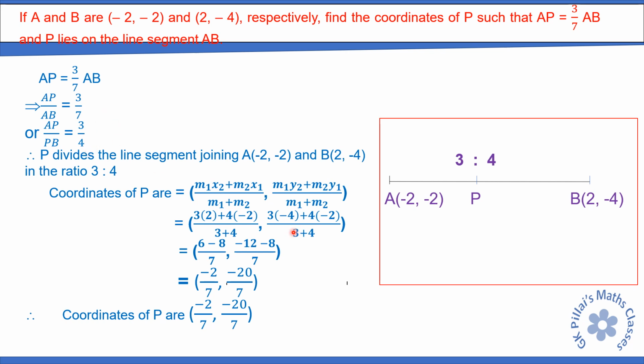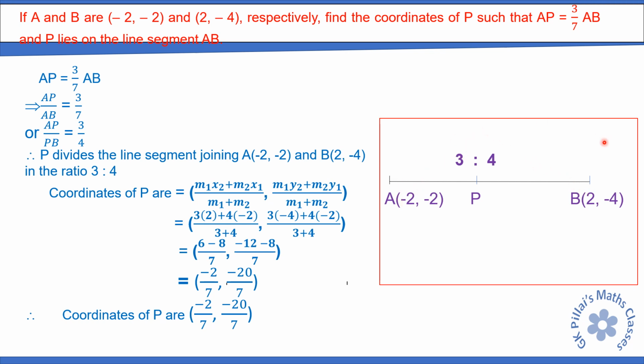Now the same section formula, with the help of these 2 points and the ratio 3:4, we will find the coordinates. So (m1x2 plus m2x1) upon (m1 plus m2) and (m1y2 plus m2y1) upon (m1 plus m2). So here what we will do, 3 into 2 plus 4 into minus 2 upon 3 plus 4.